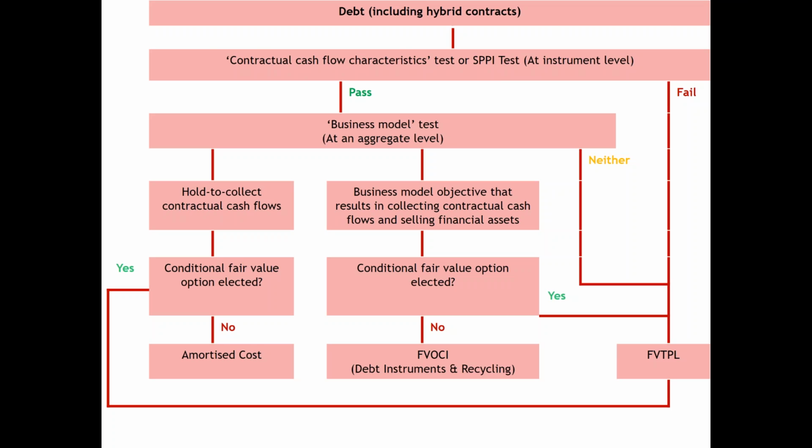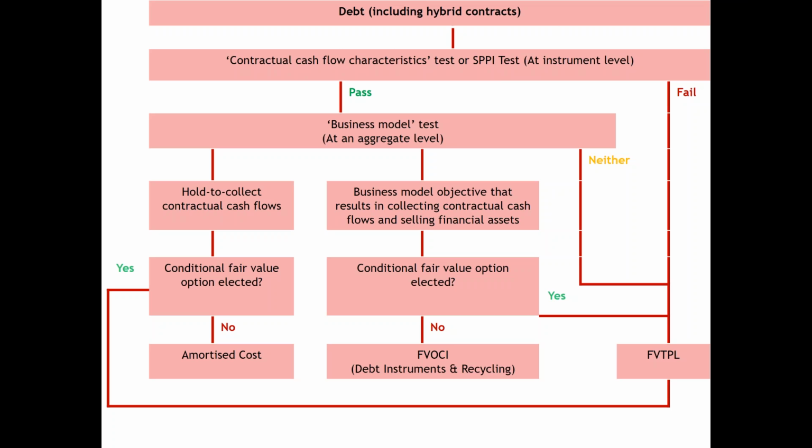If you pass that test, you've got another hurdle to jump, and it's the business model test. And this test we do at an aggregate level, not at an instrument level. Now, if you look at the business model test, your business model could either be hold to collect contractual cash flows, or your business model could be, yes, I'm holding to collect contractual cash flows, but I could also be selling the financial assets.